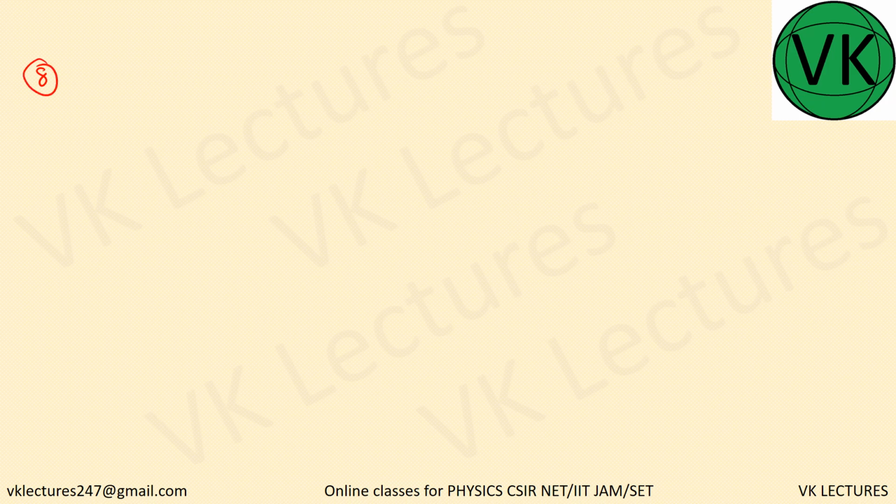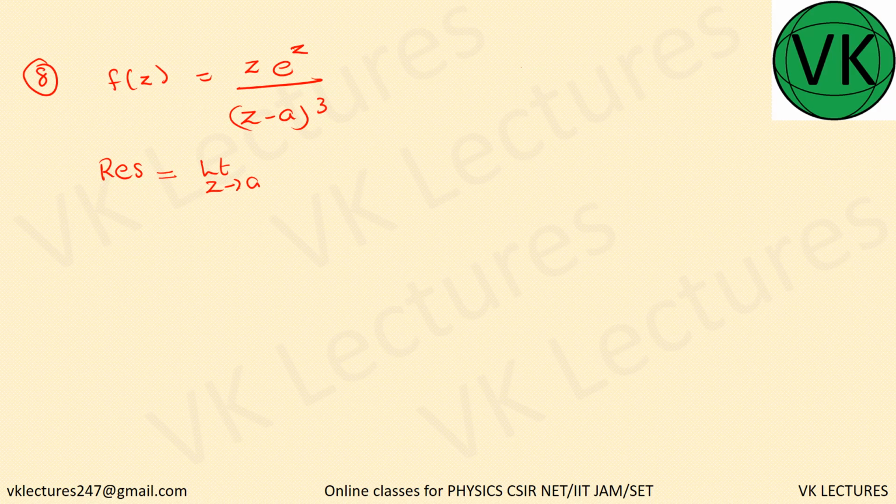Next question, f of z is equal to z e raised to z divided by z minus a whole cube. To find residue here, limit z tends to a, d square divided by dz square, z minus a whole cube, z e raised to z divided by z minus a whole cube.